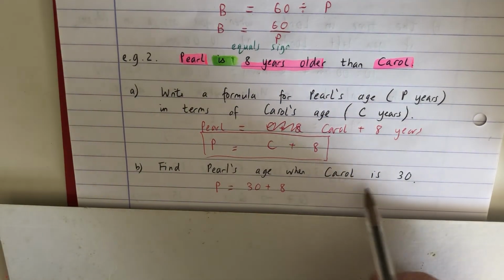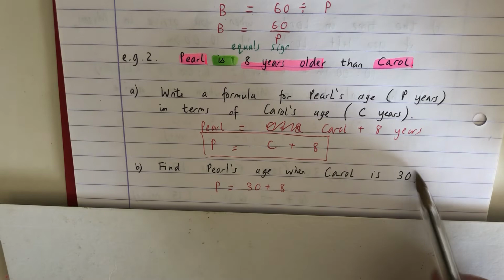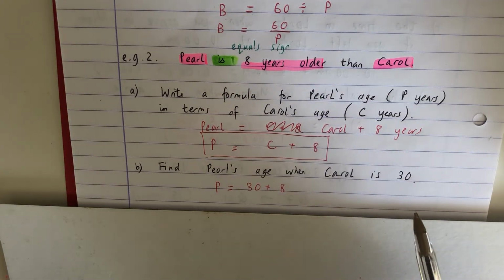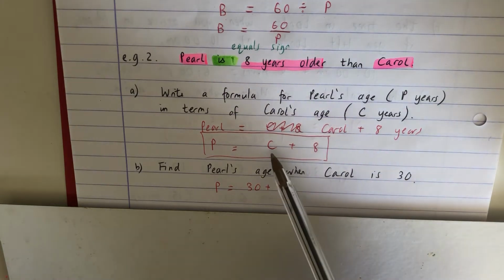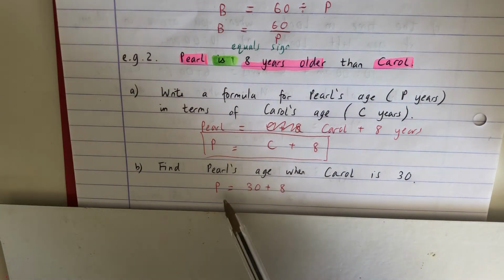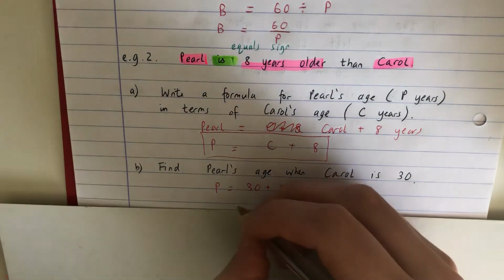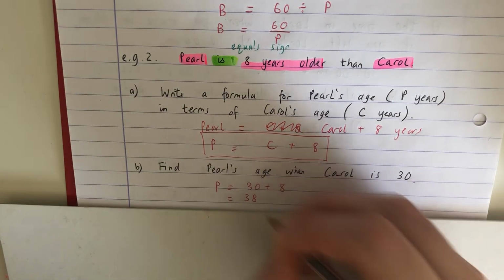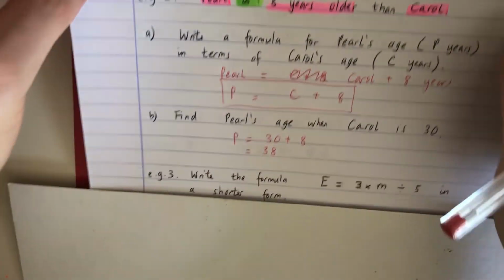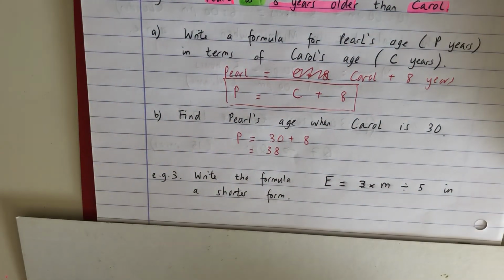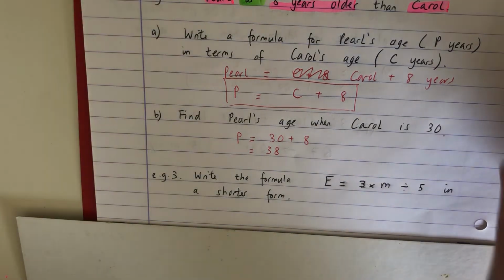Just replace the letter C with the number 30. It's called substitution. We'll do more about that in future lessons, but we just replace the C with 30, and we get P is equal to 30 plus 8, which is 38, which makes sense. 38 years old.